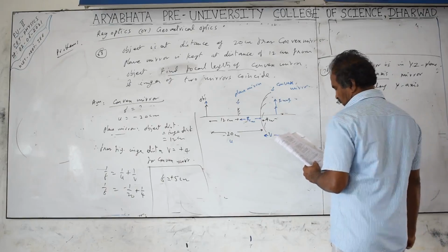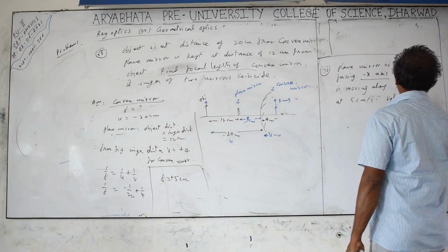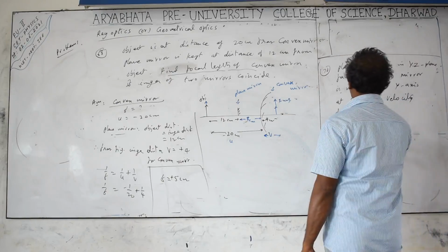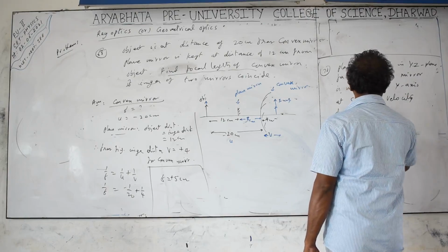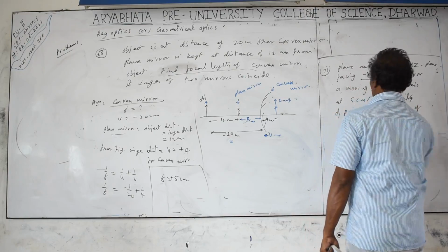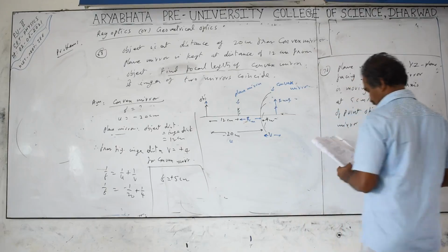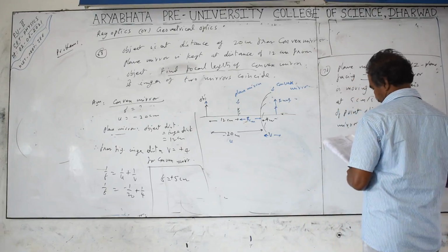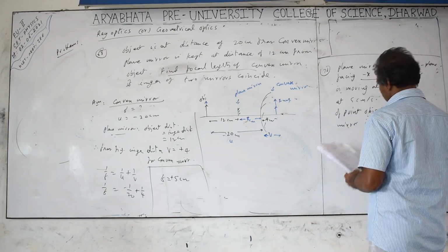Point object P is moving in front of the mirror with a velocity of 3i plus 4j plus 5k centimeters per second.